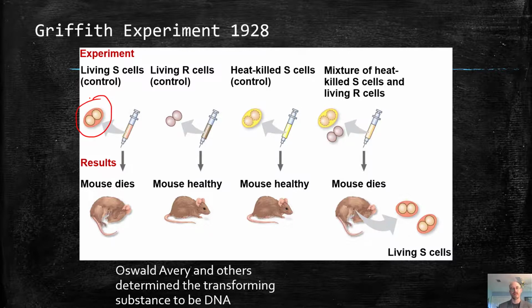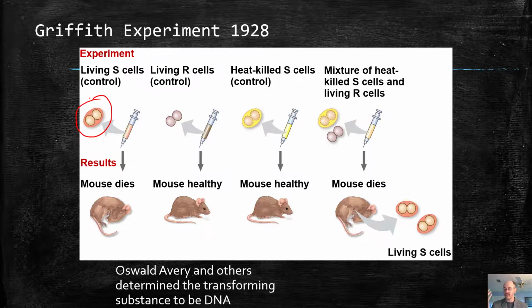Now, here's when the experiment gets interesting. He kills the S bacteria with heat. He knocks it out. And then he injects it into a mouse, and the mouse is fine. Okay, now the next part. He takes the dead S cells, and he mixes them with living R cells. So S cells would cause disease, but they're dead, so they can't cause disease.